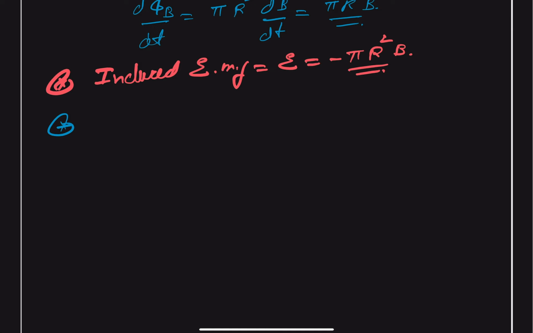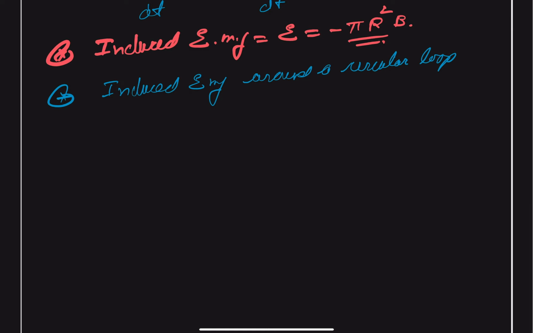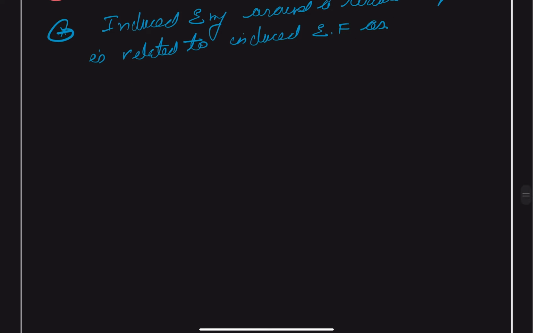So we can say the induced EMF around a circular loop is related to the induced electric field as, induced EMF is equal to, for a closed loop, the integral of E dot dl.